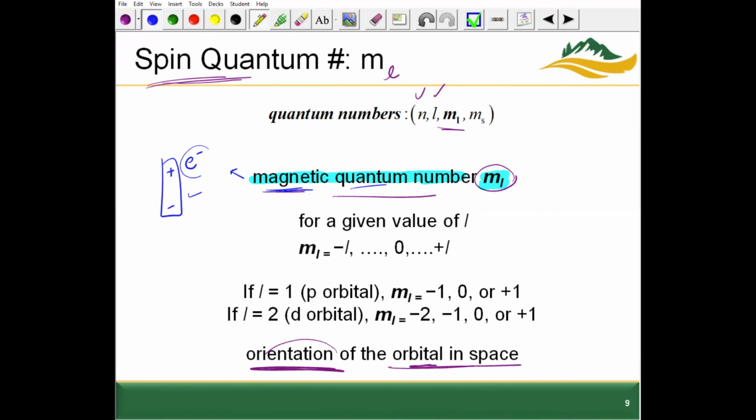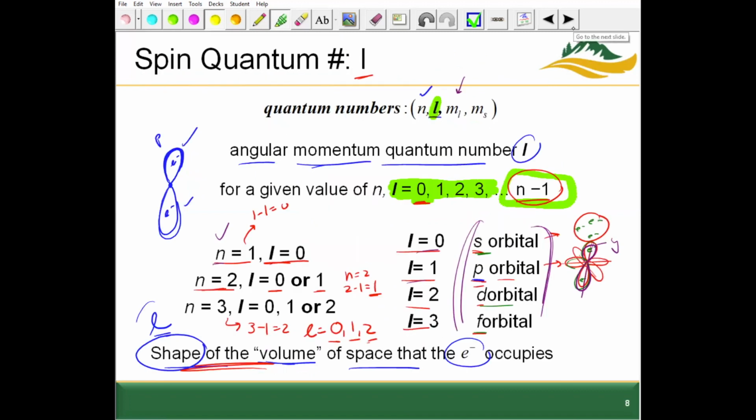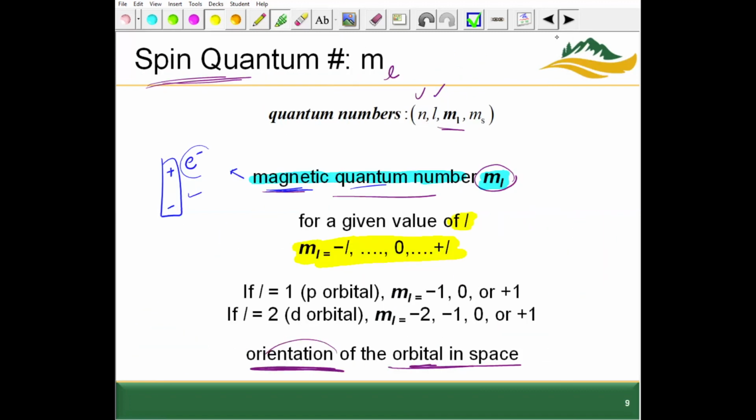For a given value for l, if we know our l value, our possible values for m sub l are negative l through 0, so including 0, up through positive l. Just to reiterate again, n itself, the principal quantum number, cannot be 0. l can be 0, m sub l can be 0.